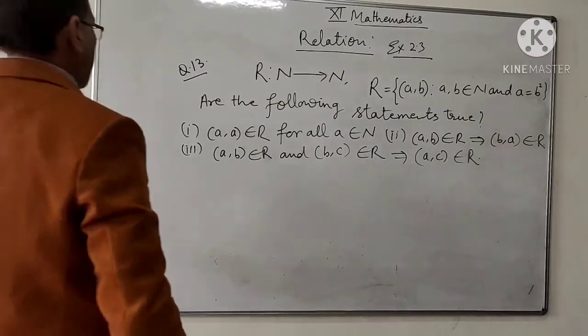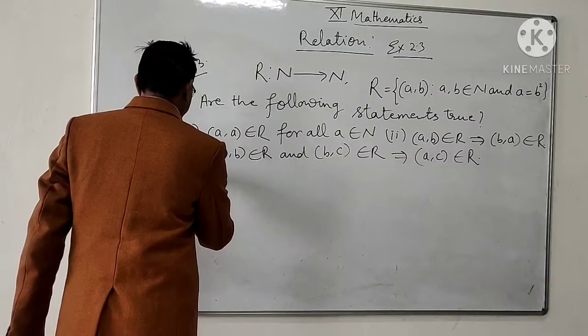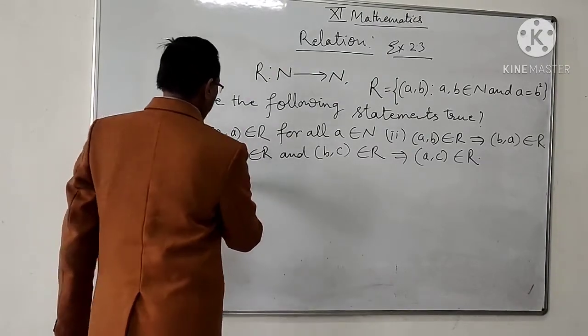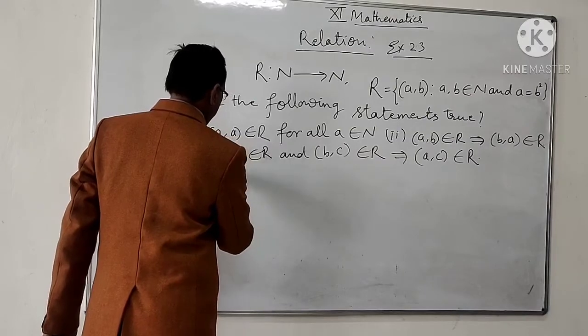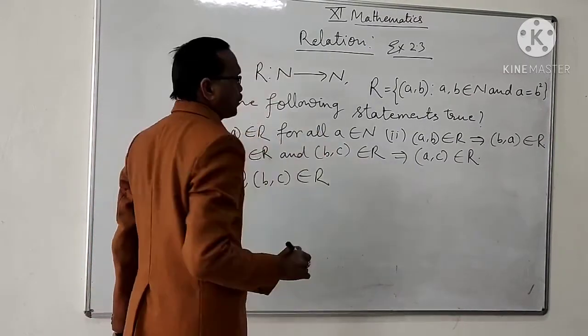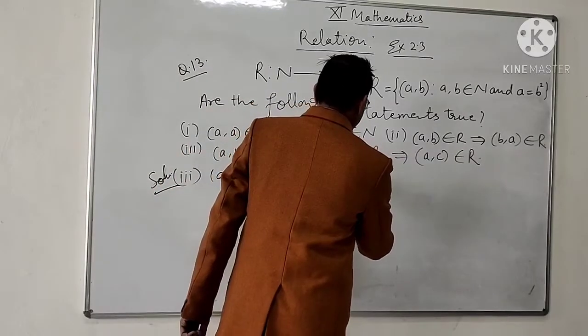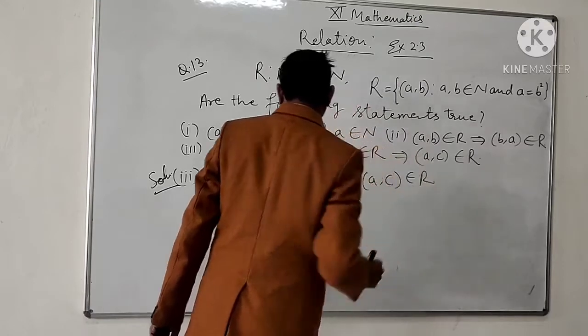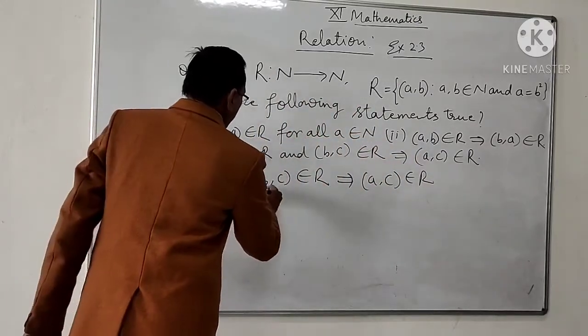Now, student, the third part. There are two ordered pairs, (A, B) and (B, C), that belong to R. We have to check whether (A, C) belongs to R or not. And here B is common.